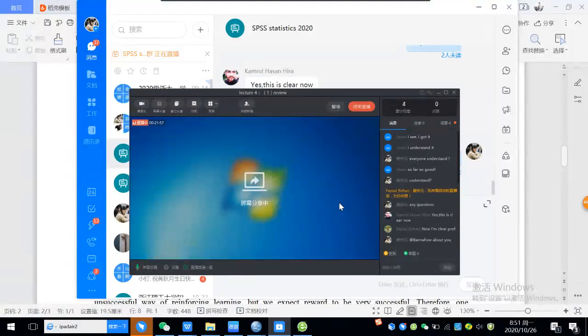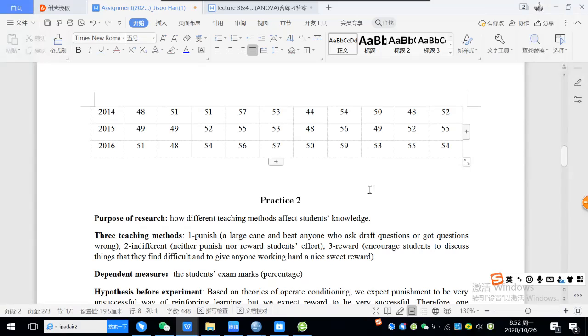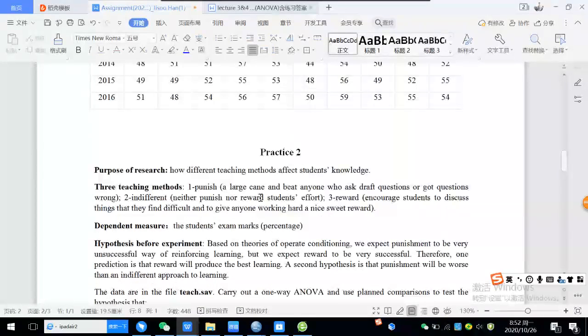Okay, let's start question 2. Here, practice 2, the teacher used 3 different teaching methods because they want to know if there are any different effects on the students' knowledge when they use different teaching methods.